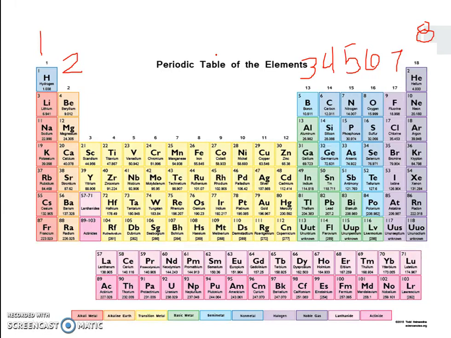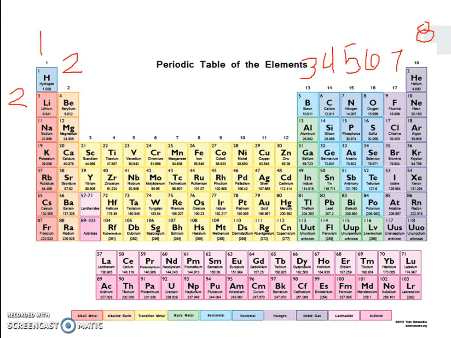As far as our core electrons go, those also actually show a pattern. So the core is anything not in that outer shell. If we come over to our second row, they will have 2 core electrons.